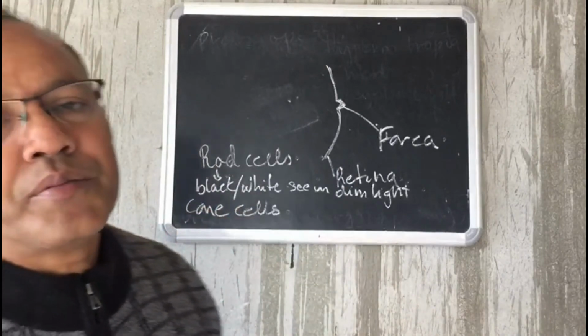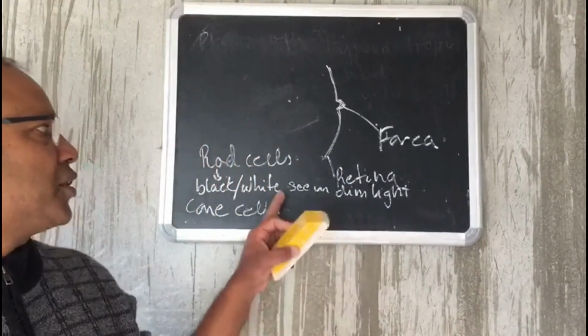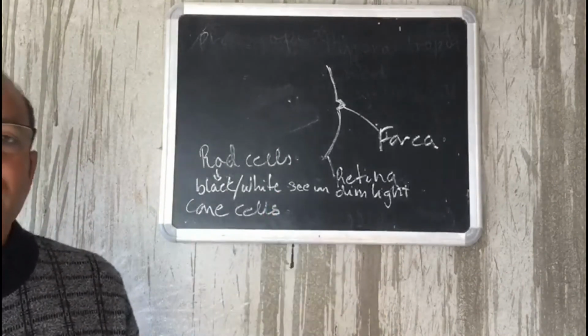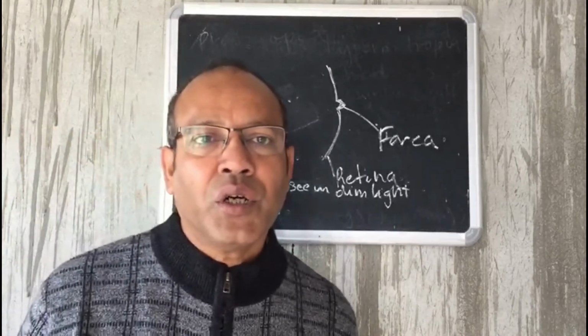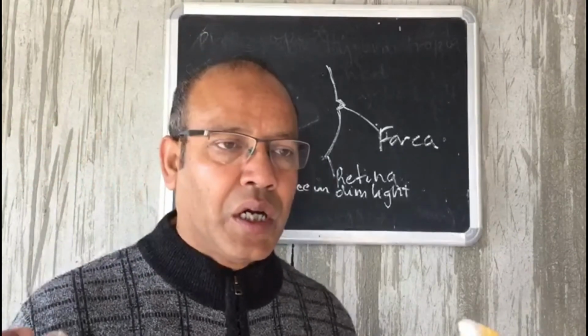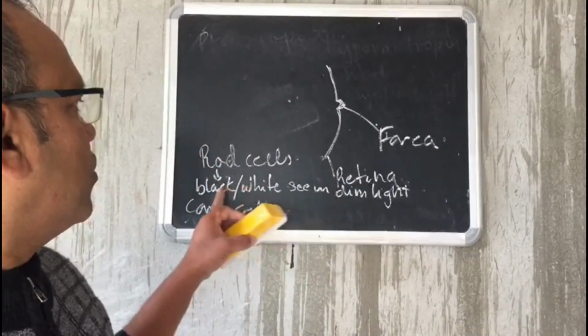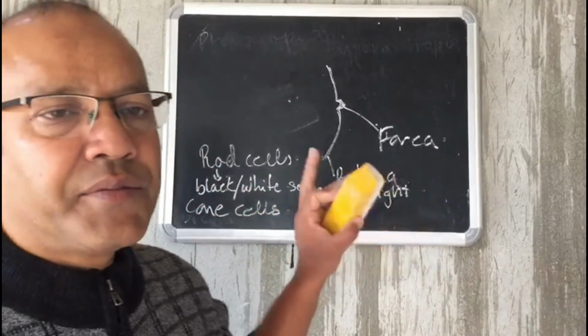Now, when we suffer from night blindness, it is a defect of the rod cells, because the rod cells have a pigment called rhodopsin, which helps us to see in dim light. So, black and white vision and dim light.